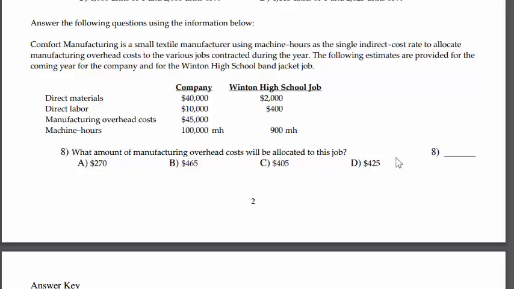You have direct materials, direct labor, manufacturing overhead costs in total, total machine hours, and also the machine hours consumed by the high school job. So what amount of manufacturing overhead cost will be allocated to this job? Quite a nice question.